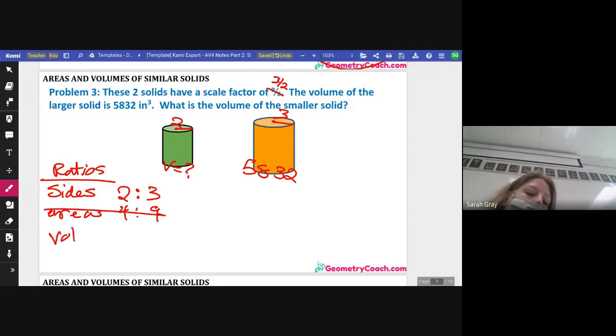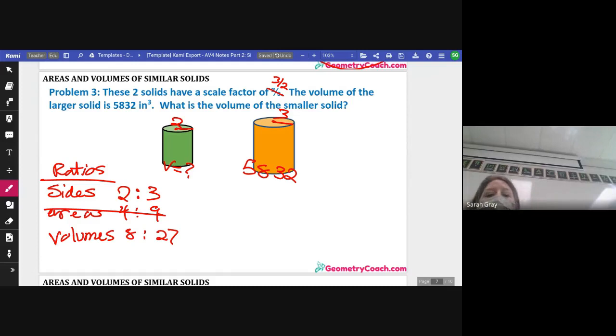We really need the ratio of volumes. Ethan: 8/27. Yes, 8/27. You have to go back to the ratio of sides and cube both of those. Don't look at the ratio of areas and try to square it. It doesn't work. It's the cubed ratio of the sides.